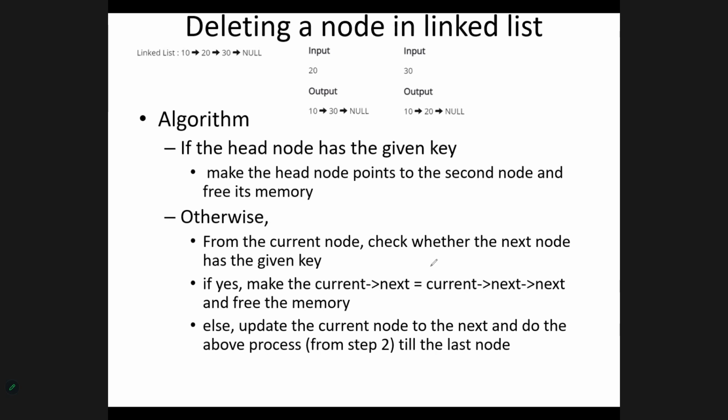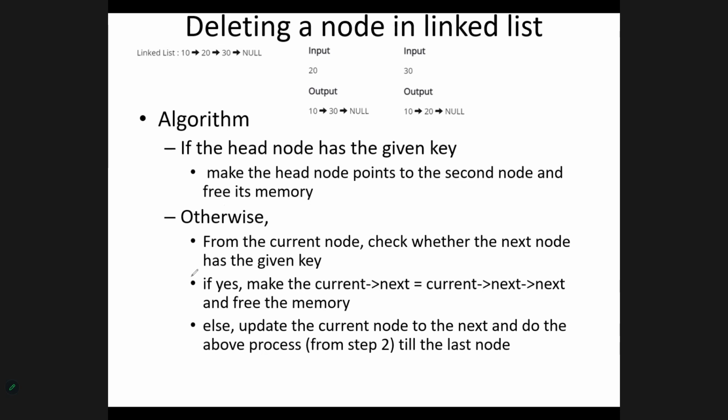Otherwise, from the current node, check whether the next node has the given key. We put this in a loop to check which next node has the key. We iterate until we find the key. If found, make the current next and free the memory, else update the current node to the next and do the above process from step 2 till the last node.